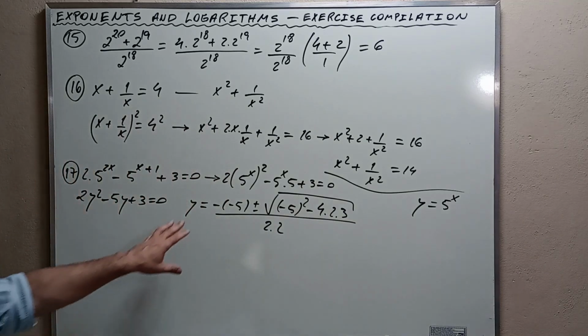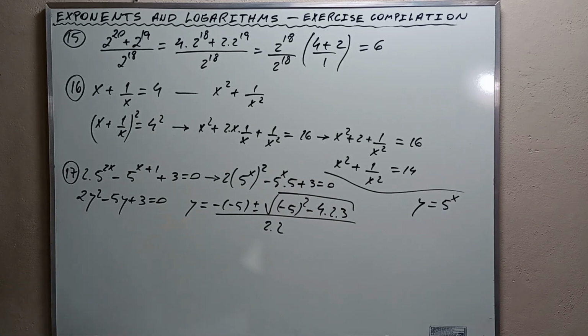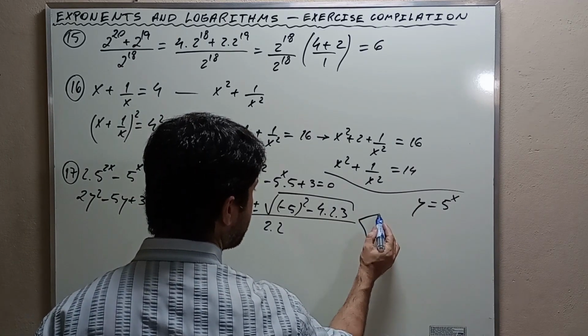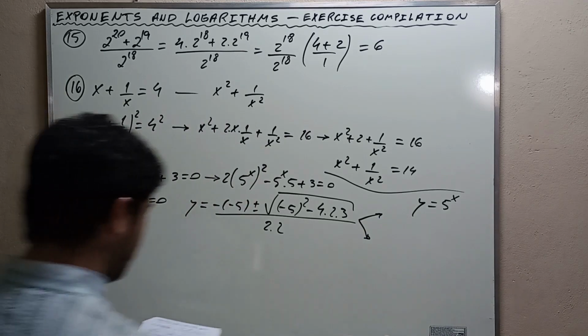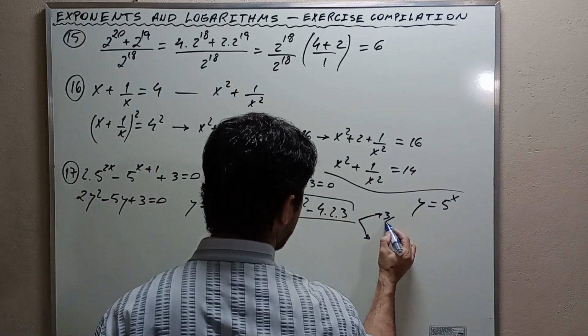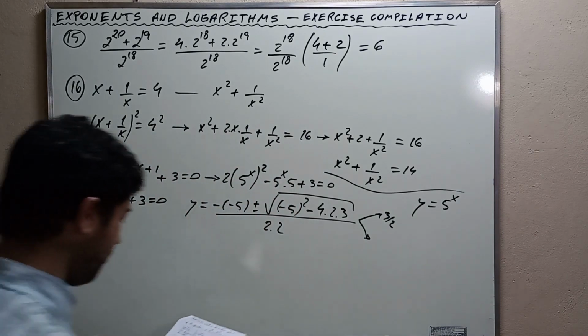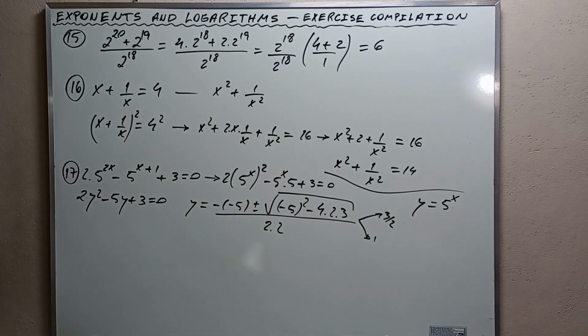Okay, this is the expression we learn frequently in high school, how to solve the quadratic equation. And this has two solutions. Solution number 1 is 3/2, and solution number 2 is 1. Okay?